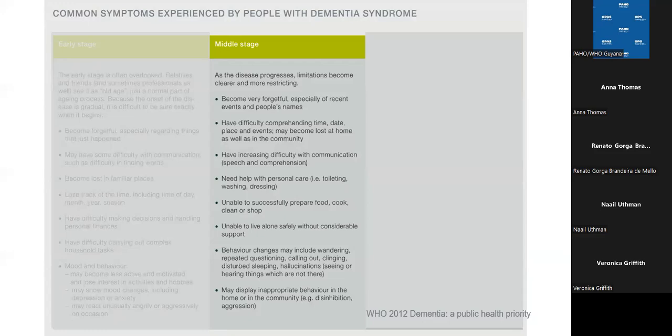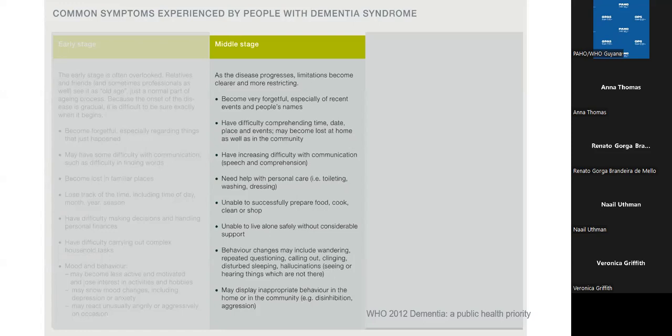difficulty comprehending time, dates, places, and events, may become lost at home as well as in the community he used to easily walk in, have increasing difficulty with communication, speech, comprehension, usually use repeated speeches and some patterns of speeches.